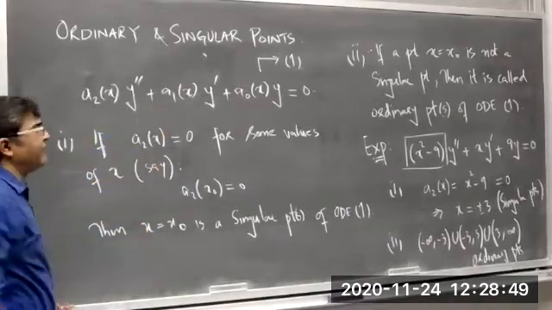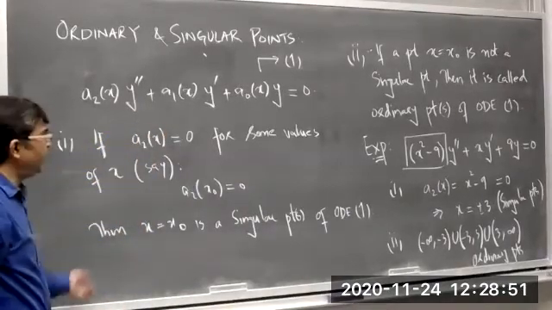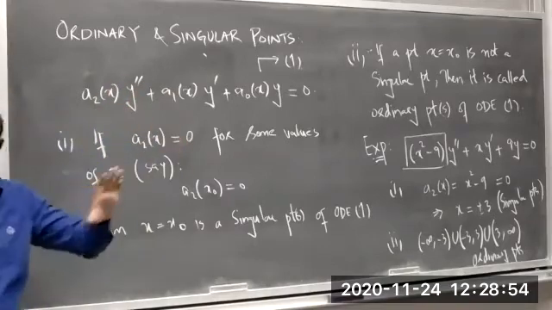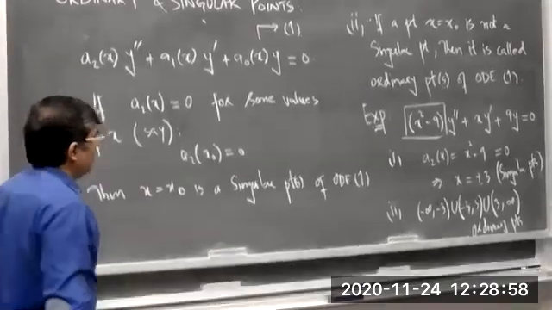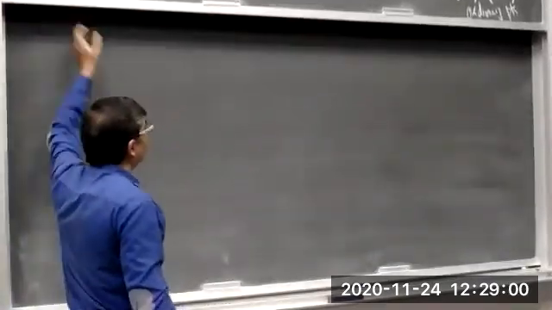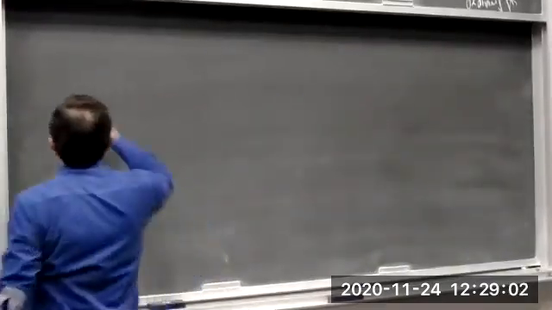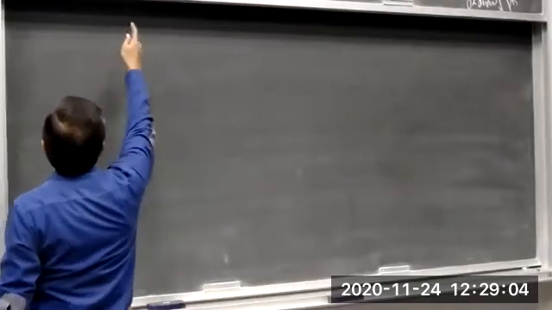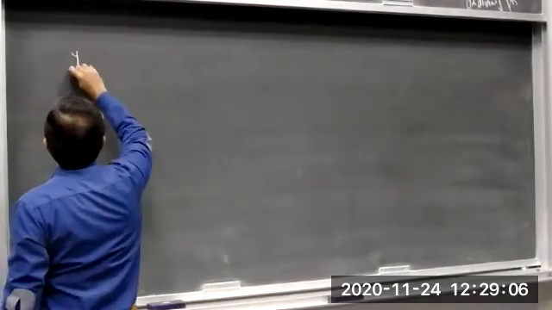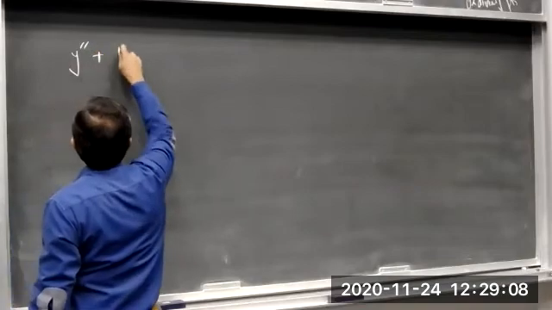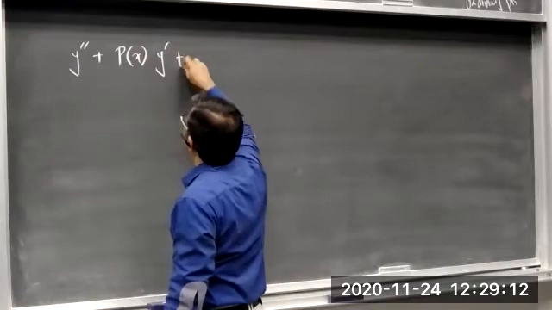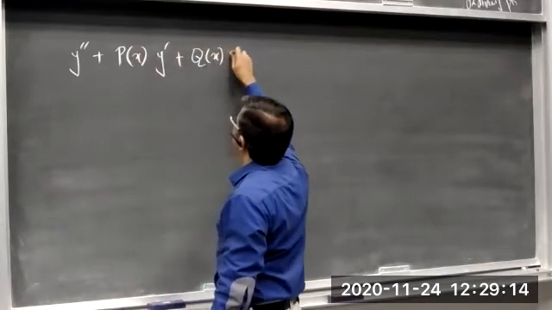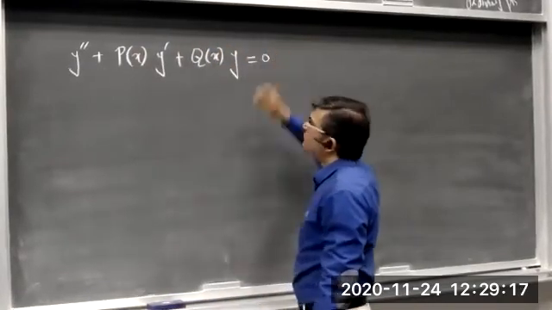The general form of the second order differential equation can also be written in the standard form. For example, if we divide by a2 of x, we get y double dash plus p of x y dash plus q of x y equal to 0.